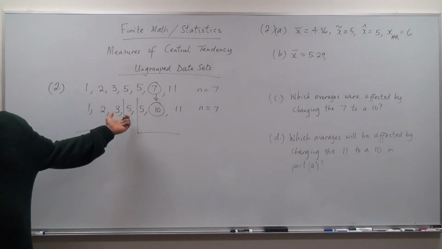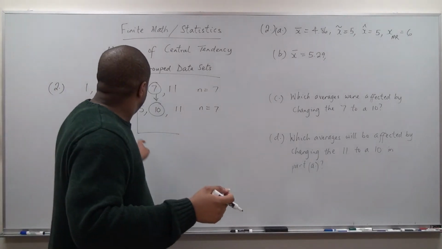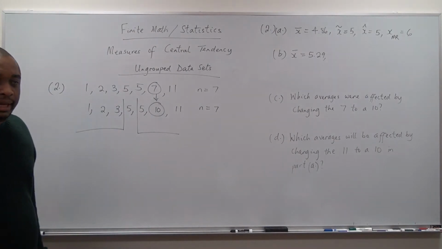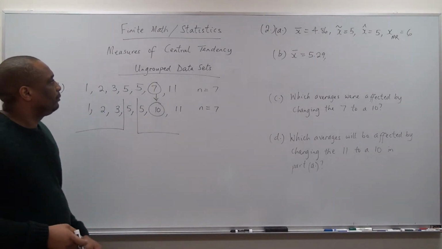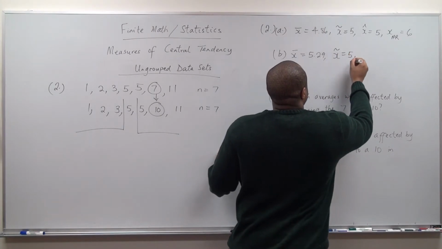And we'll see that our median is 5, okay? Or you can choose to use the formula that I gave also to find the median. So we see that our median is 5.